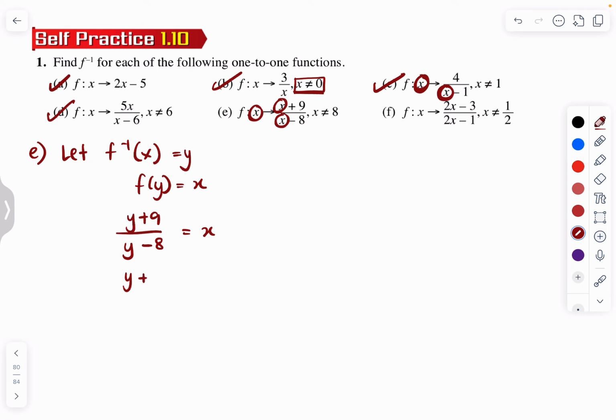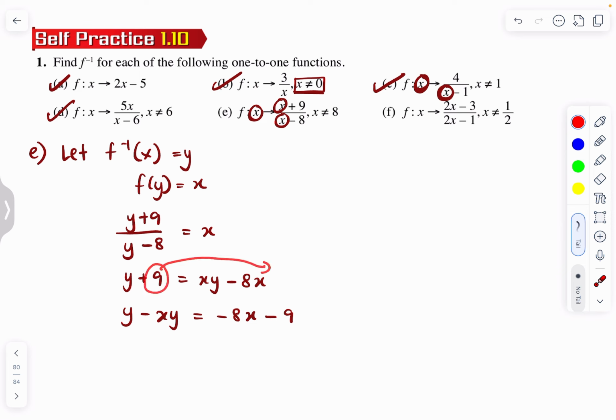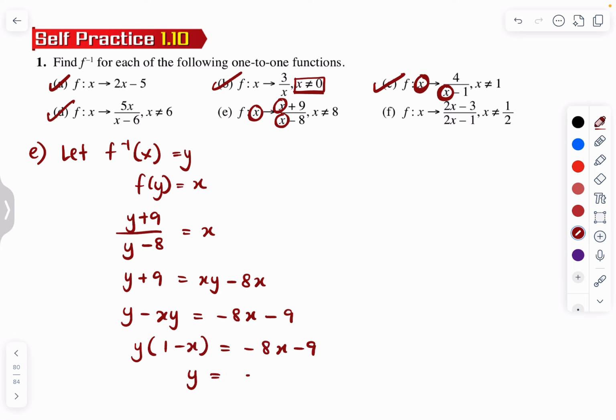So y plus 9 is xy minus 8x. Then whichever term has y, we bring to one side. So y minus xy, and whichever has no y, we bring to the other side. So it will become minus 9, the 9 we bring there. Then we factor out the y and make it the subject.